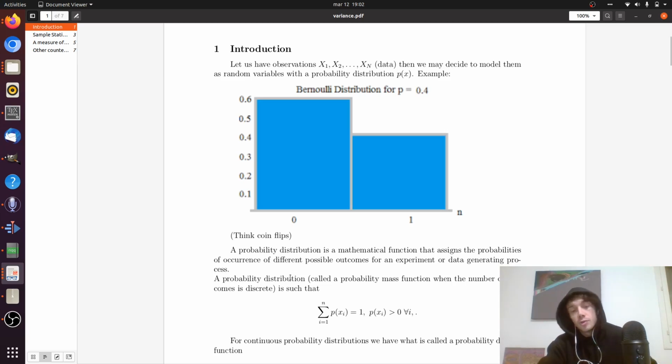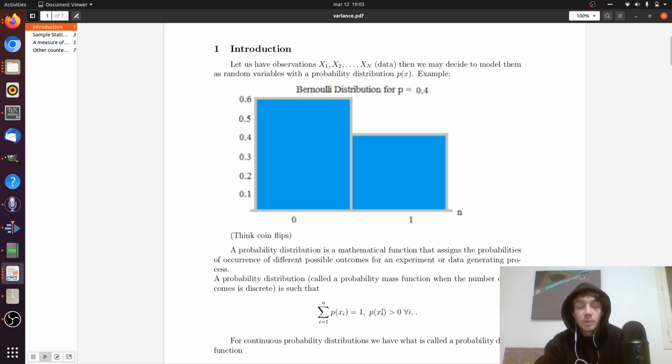Lovely. So the axioms we want for these probability distributions to make sense to us as humans is that the sum of all the probabilities of the different outcomes has to be equal to 1. We don't understand what it means for probabilities of 120% of occurring. So the sum of all the probabilities has to equal 100%.